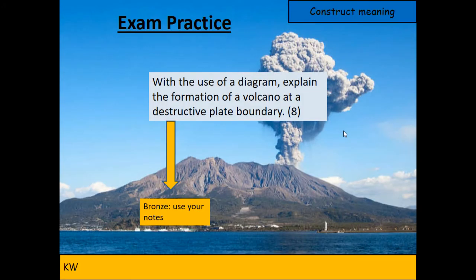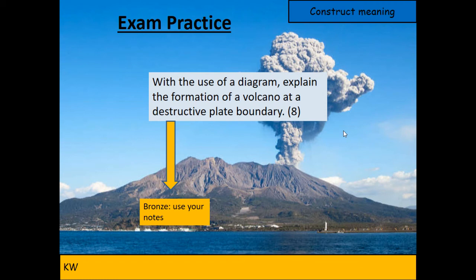So, for the rest of this lesson, I want you to, with the use of a diagram, explain the formation of a volcano at a destructive plate boundary. Now, you might get that, or you might get explain the formation of an earthquake at a destructive plate boundary. Okay, so if you want to pick an earthquake, fine.